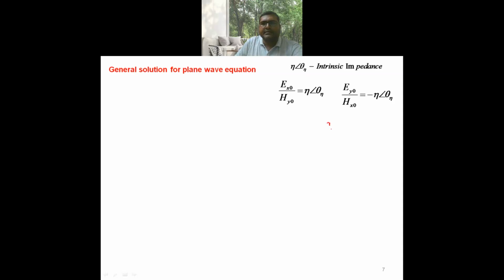The intrinsic impedance is equal to root of j omega mu by sigma plus j omega epsilon. It depends on the type of the material, and we considered an electromagnetic wave traveling in z direction. So Ex by Hy in clockwise direction it is positive, and Ey by Hx in anti-clockwise direction it is negative.